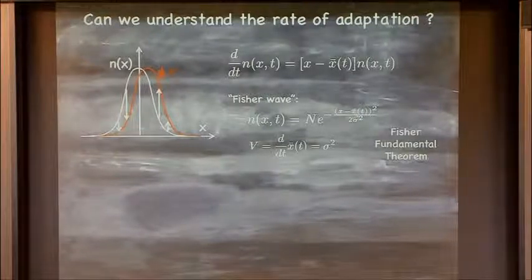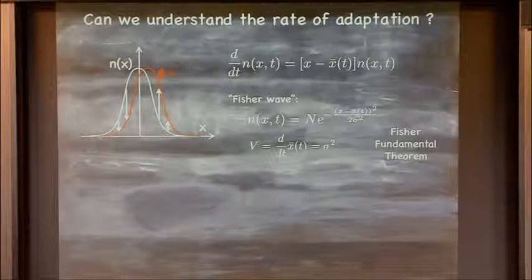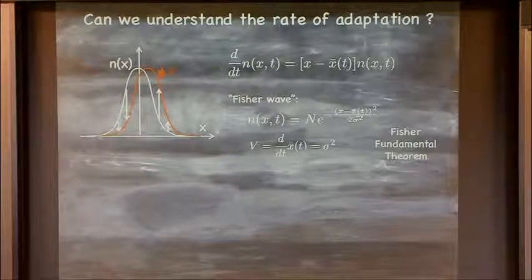And this is simple enough. You easily solve this and demonstrate that the solution is simply the Gaussian with the mean translating forward with a constant speed equal to the variance in this distribution. And the rate of adaptation proportional to the variance is Fisher's fundamental theorem.